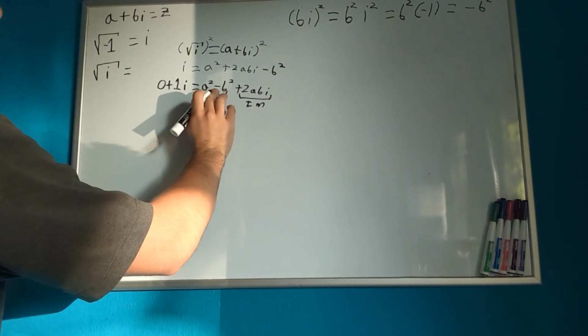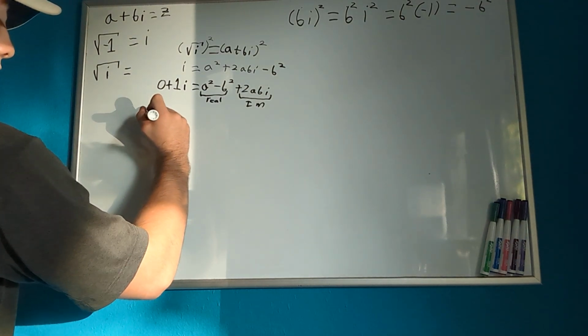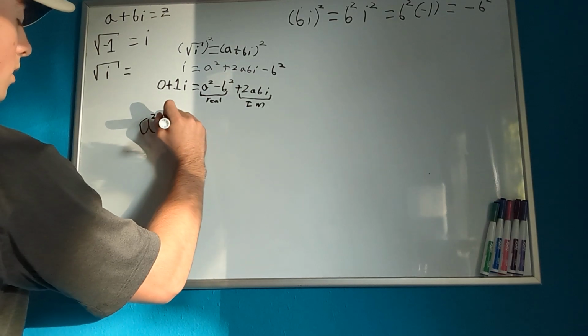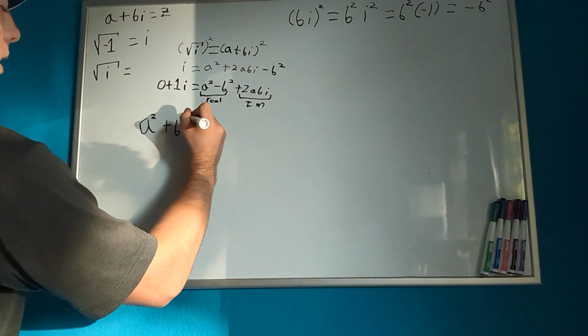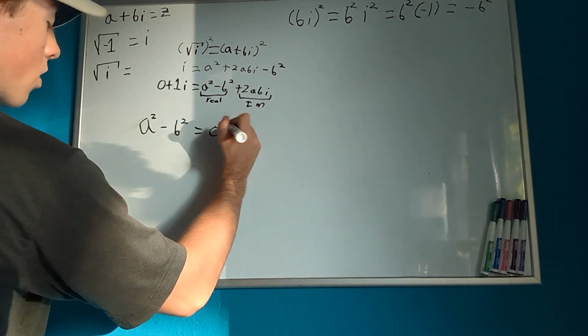So we can say that the real part equals 0 and the imaginary part equals 1. That's now our system of equations. Let me write this bigger: a squared minus b squared equals 0.